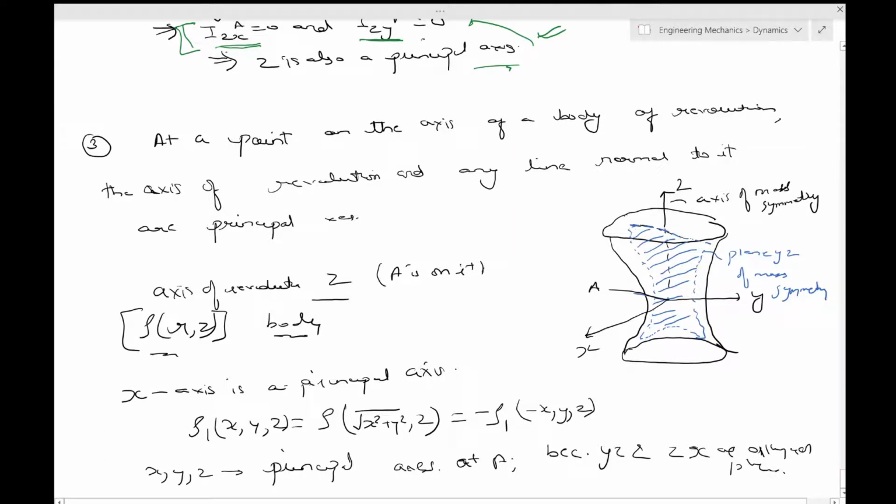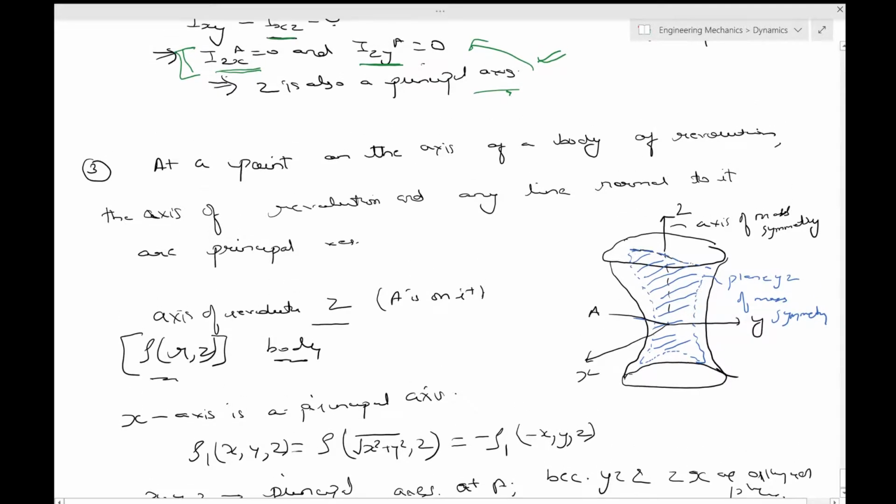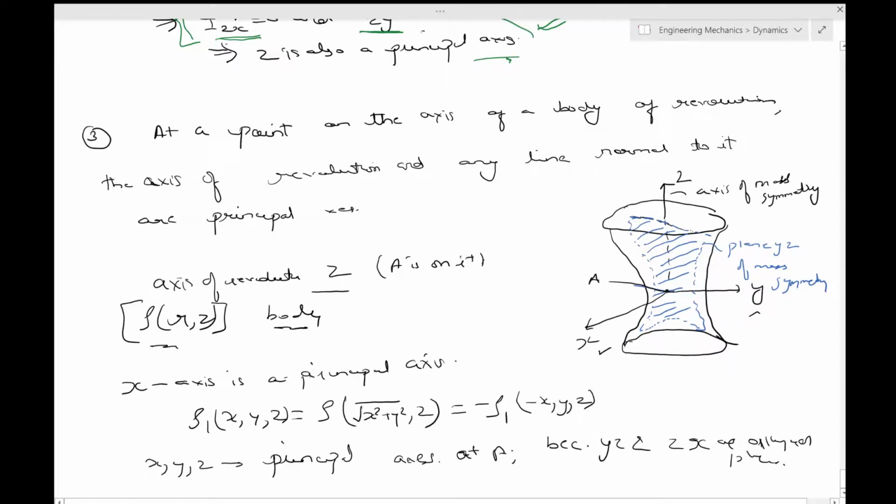So at a point on the axis of a body of revolution, A is that point, the axis of revolution and any line normal to it are principal axes. So Z is clearly the axis of revolution, and any line normal to it is a principal axis. So both x and y are normal to it, and hence they are principal axes.